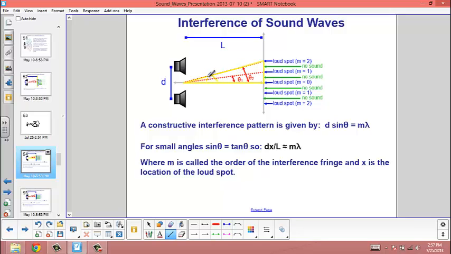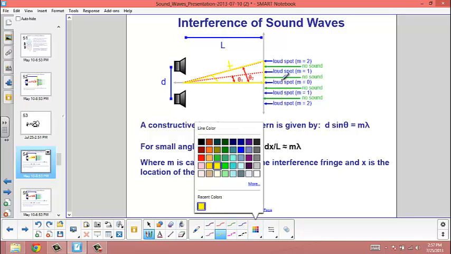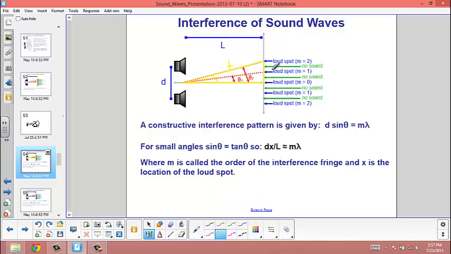That's the angle theta. This is the opposite side, and this is the hypotenuse. Again, this is the opposite, and this is the hypotenuse.